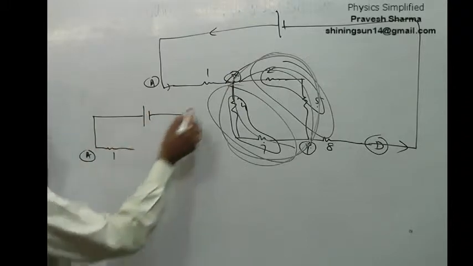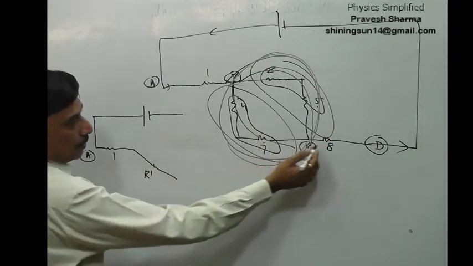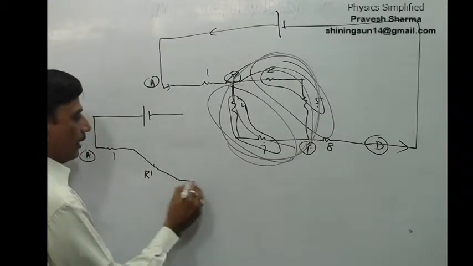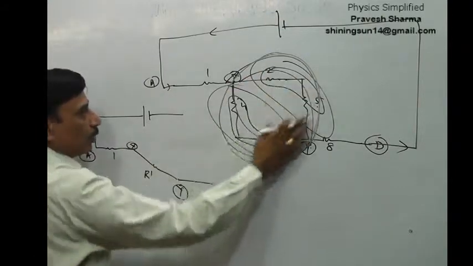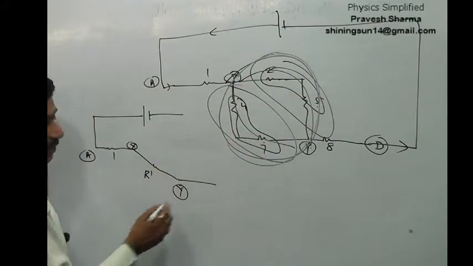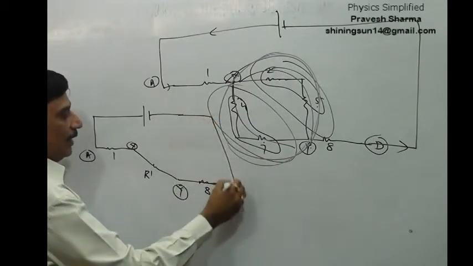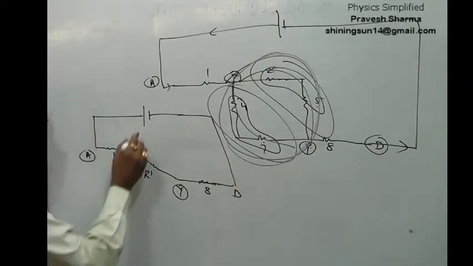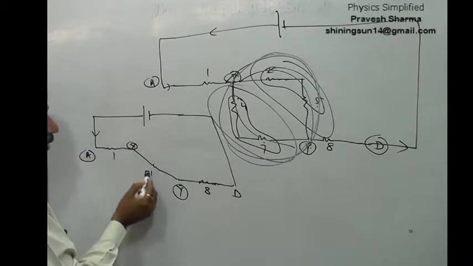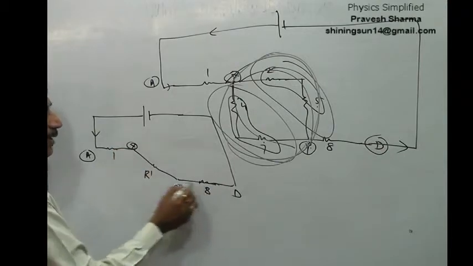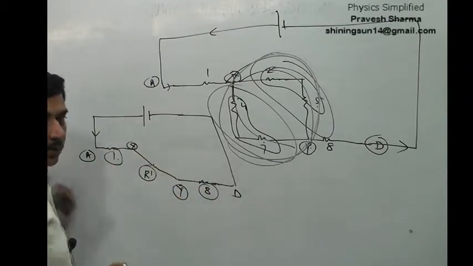Point A is over here, and over here I have called it X and this Y. So I remove this whole thing and replace it by an R dash resistor. This is point D. Now once the current comes like this, then 1, R dash and 8 form a single path. So this and this, they are in series.